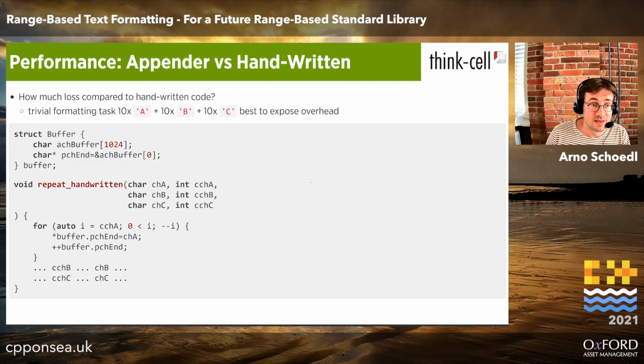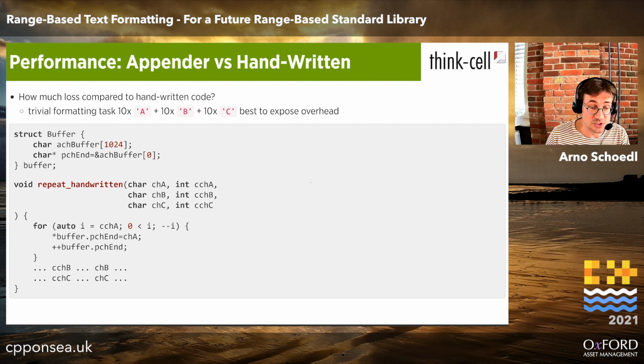Now, at the end, I just have a bit of performance comparison. How fast is our range library compared to, say, handwritten code? I deliberately gave it a trivial formatting task: to format 10 A's, 10 B's, and 10 C's. It's deliberately very simple because that would best expose any overhead we have in the implementation.